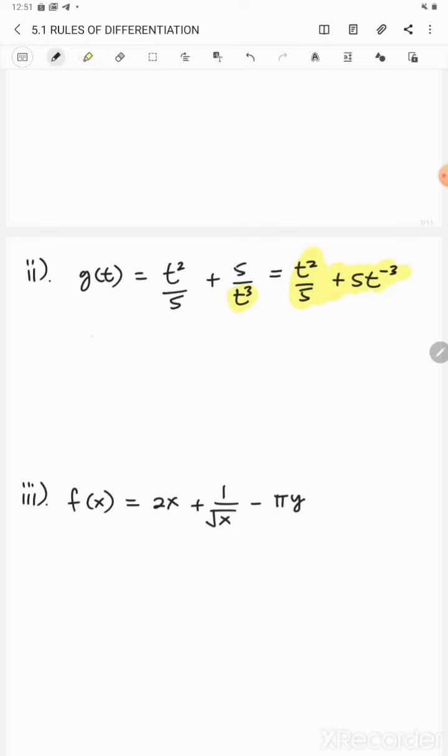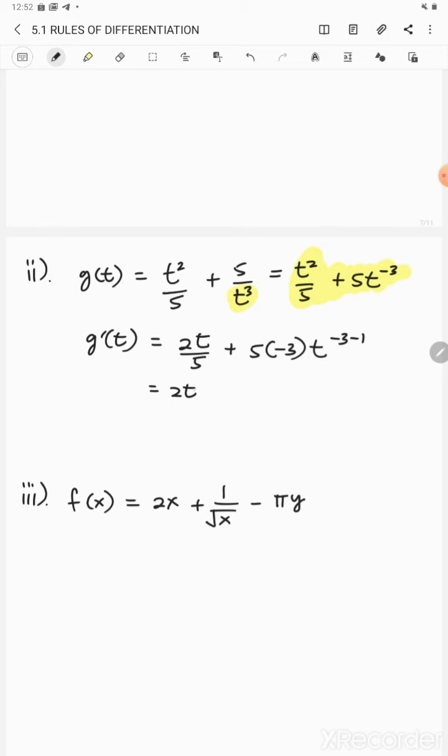So the answer is, again, g prime t equals, differentiate t squared, so we get 2t divided by 5, plus 5 multiplied by negative 3. We can bring the exponent to the front of t, so t to the negative 3 minus 1.